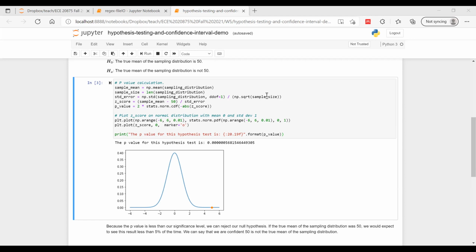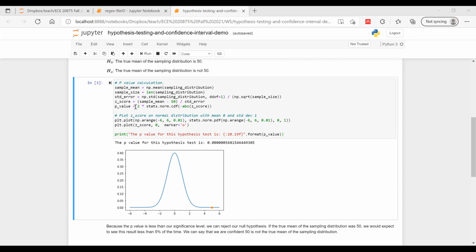Remember the formula. Now after you get this standard error, we are ready to compute our z-score. I mentioned the reason to compute a z-score is because we want to shift it to the standard normal distribution. So we take the mean, subtract 50, and divide by the standard error.